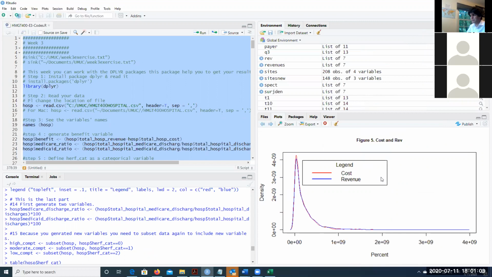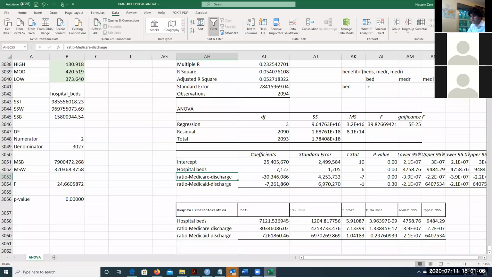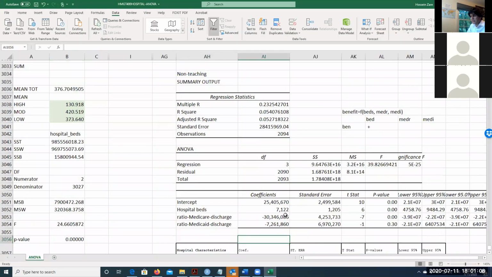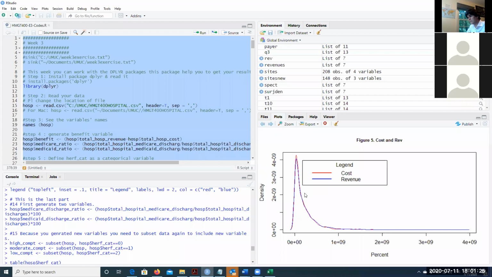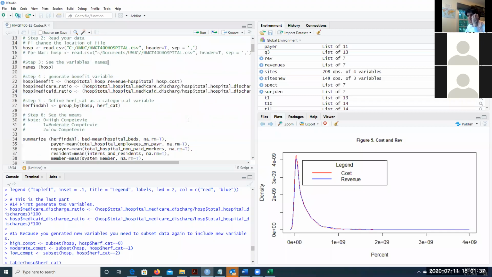Most of the hospitals have a positive benefit, and based on the regression model we performed here, at least for non-teaching hospitals, we have more than, so how many percentage is this? 68% of hospitals at least have a $25 million benefit, and this is based on this figure. We can see most of the time, at least after this, the blue line is over the cost. It does mean there is a positive revenue for the hospitals.